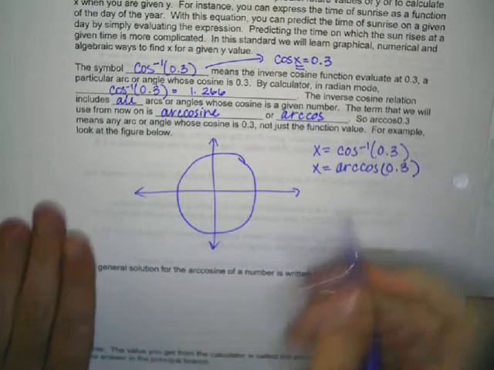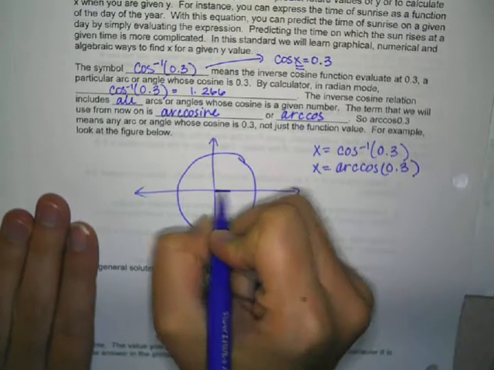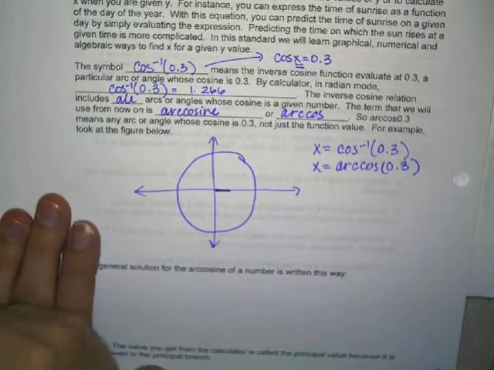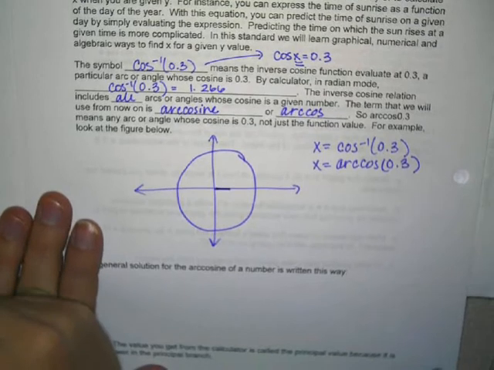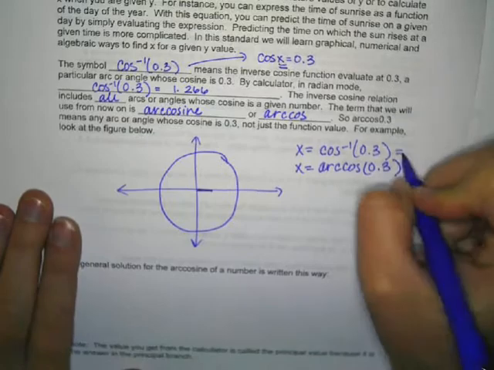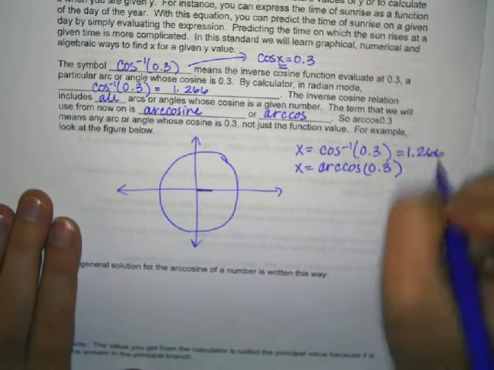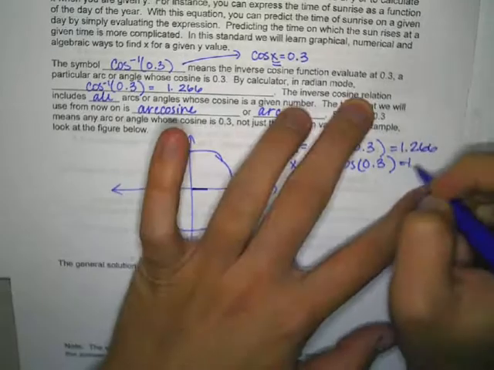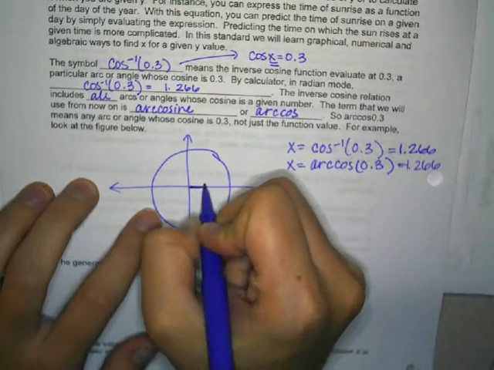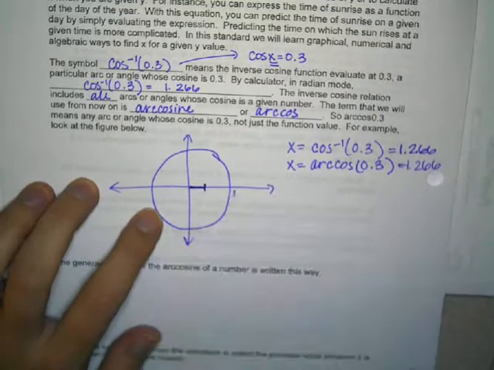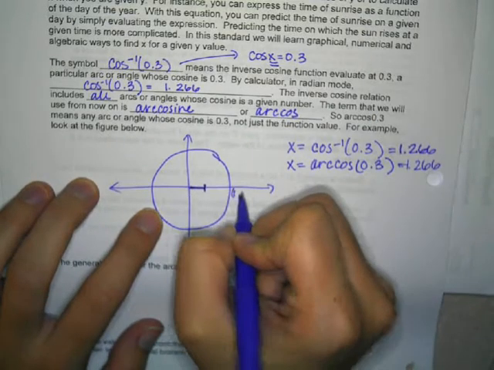So if you look at where this expression is 0.3, we found out that this was 1.266 and this was 1.266. If you're looking at 0.3, it's about right there. If this is the unit circle, that's 1, 0 as a point.